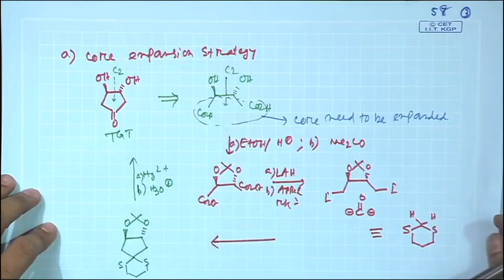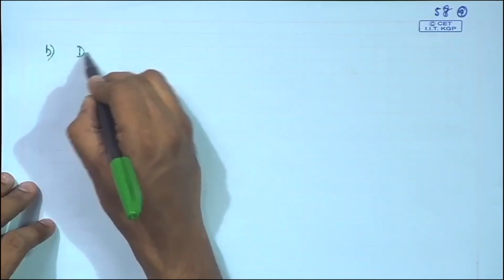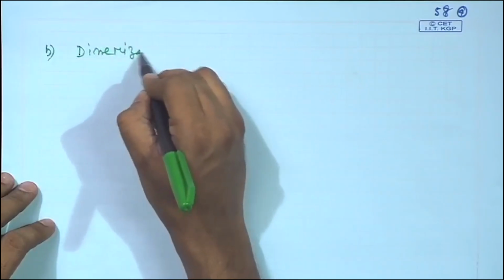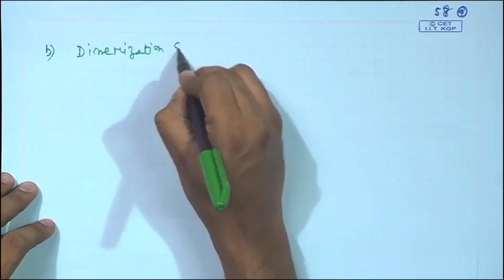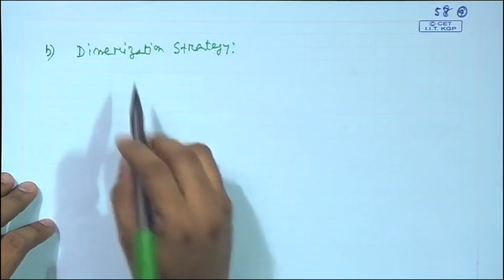We will next analyze the dimerization strategy. This dimerization strategy is basically similar to the core expansion strategy, but dimerization means that maybe your target molecule is such that you need to dimerize two homochiral halves.